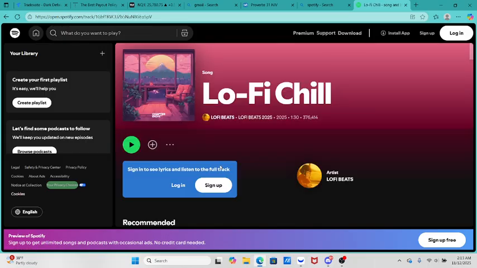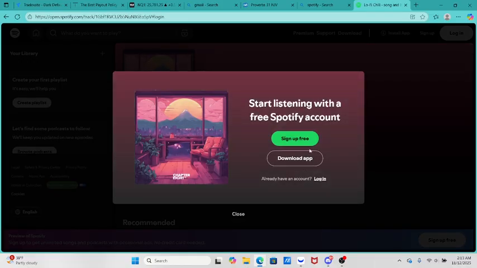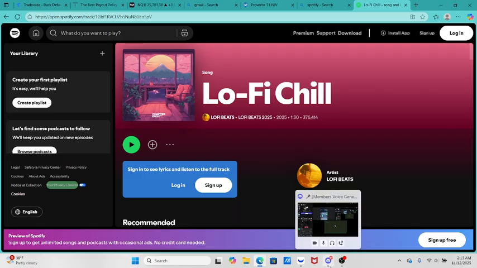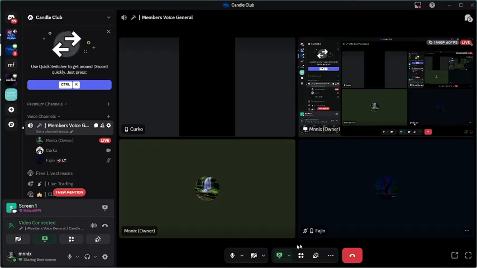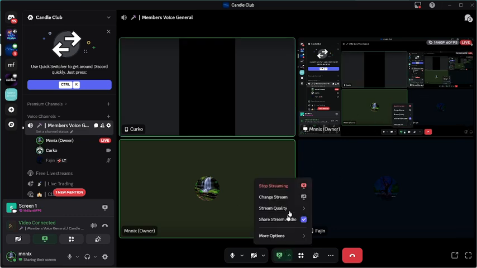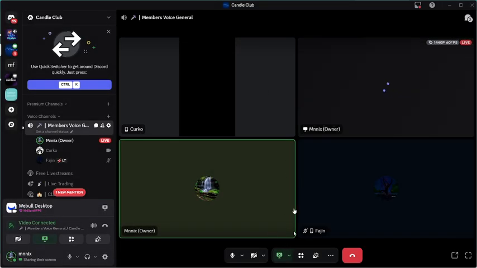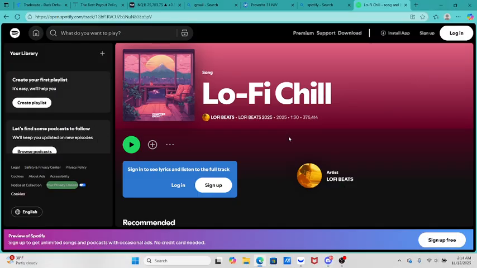Since I am recording this, I don't want to share my Spotify login, so let me change my screen real quick and put it on the Webull screen. Can you let me know if it stays on Webull? You can't see the Spotify screen right now, can you? Okay, bet.